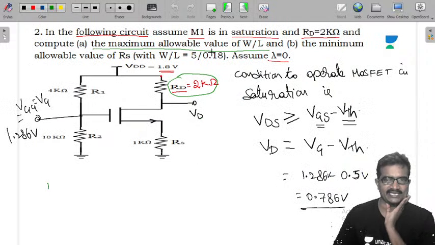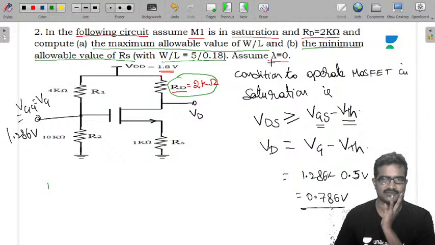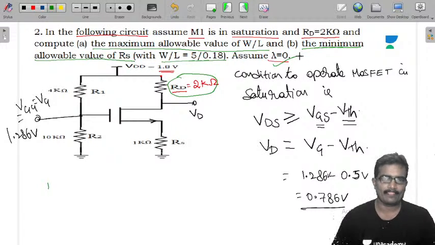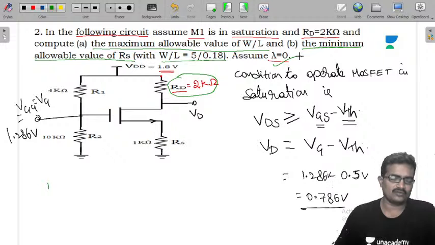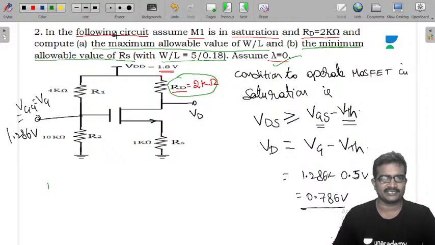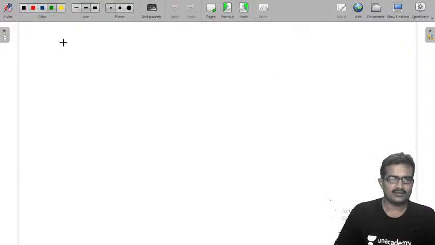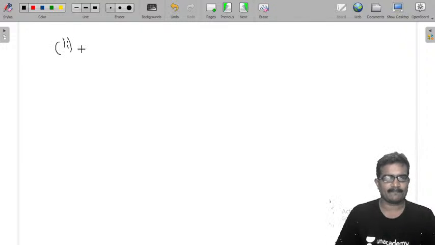And the second part is the minimum allowable value of RS with W by L. Assume lambda 0. The minimum allowable value of RS. See, that means it should be in saturation, no doubt in that. Now the second part I am taking.